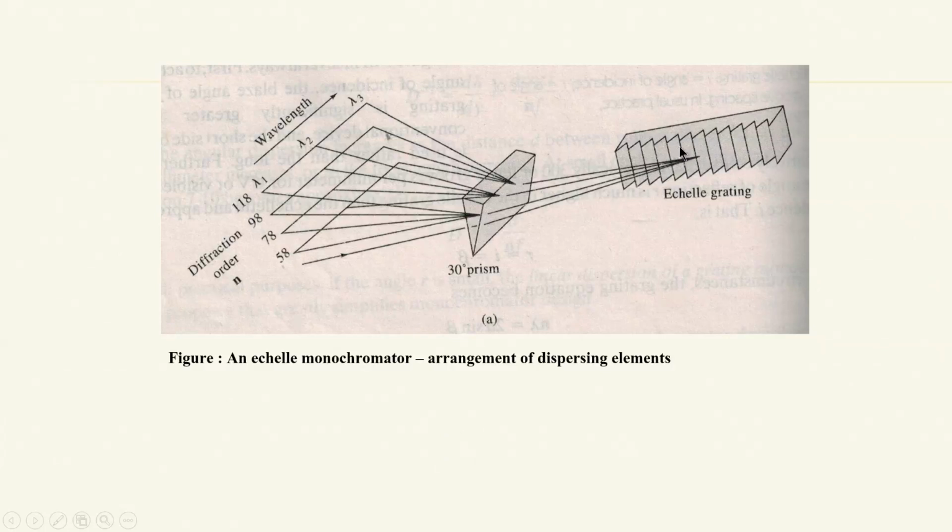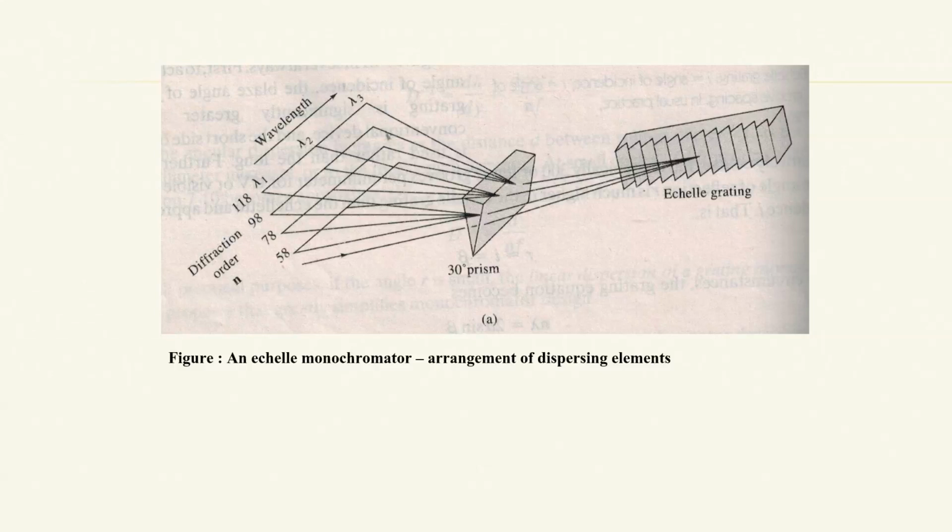Here I have to tell you that the number of rulings is what makes the quality of a grating. Typical rulings vary from 1200 to 30,000 rulings per centimeter.